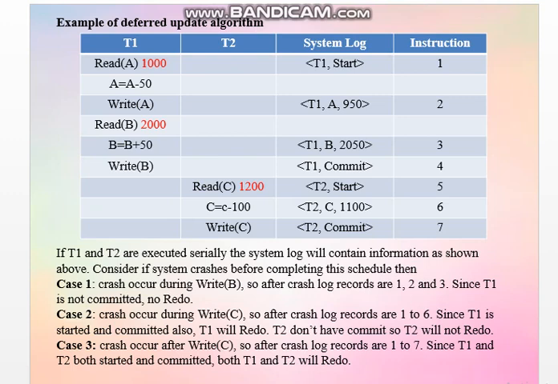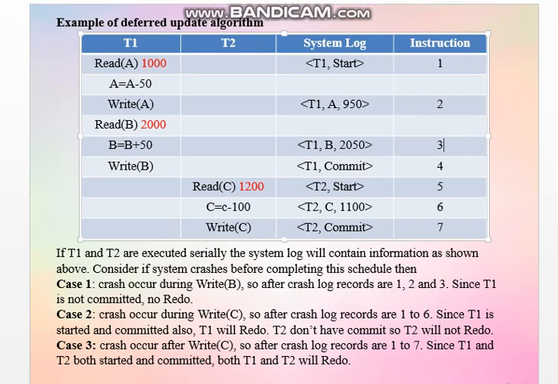Case number 1: crash occurs during the write B. After the crash, the log records only instructions number 1, 2 and 3. Since T1 is not a committed transaction, there is no need of doing the redo operation.